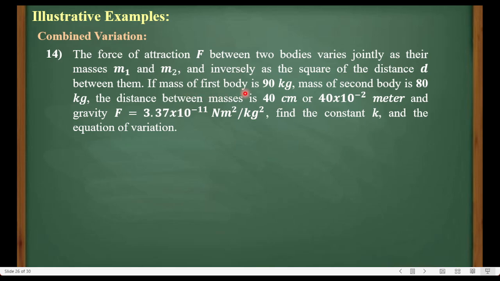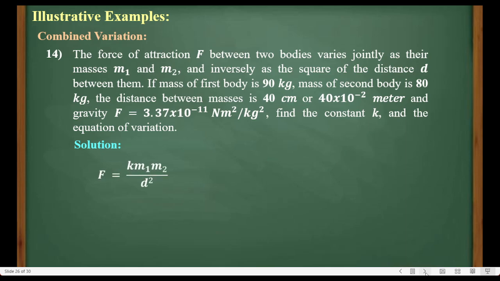If the mass of the first body is 90 kilograms, and the mass of the second body is 80 kilograms, the distance between masses is 40 centimeters, or 40 times 10 to the negative 2 meters, and the gravity is F equals 3.37 times 10 to the negative 11 Newton meter squared per kilogram squared. Find the constant K and the equation of variation.